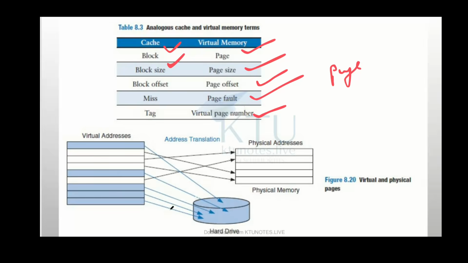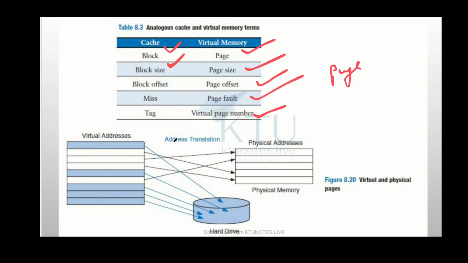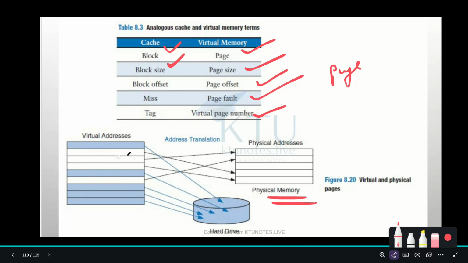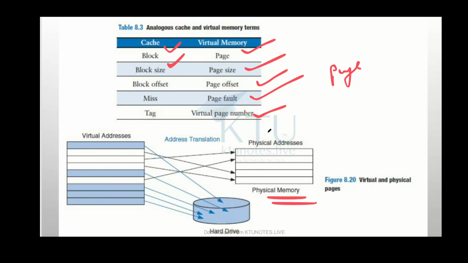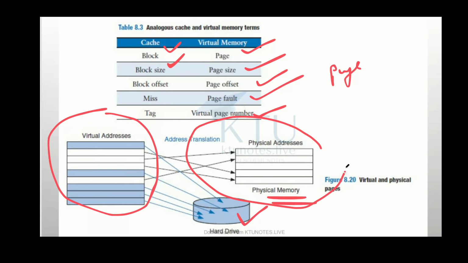Some of the virtual addresses would be there in the hard disk and some of them will be there in the main memory. So in the total virtual address space, some of it is in the hard disk and some of it is in the physical memory. Address translation is converting this virtual address into a physical address. Understood?